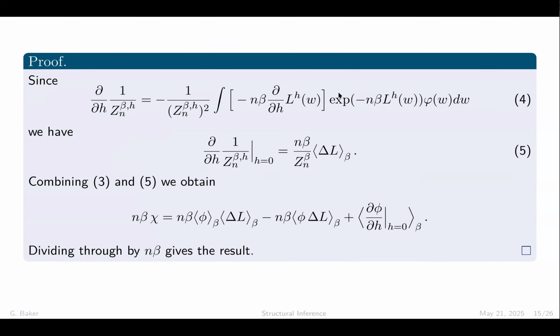So we basically end up taking the derivative of this x thing, and then all the inside goes out, and we take the derivative of LH of W, and then the minus n betas come out, and the expectation eats one of the Zn beta h squares, and then we have the n beta over Zn beta times the expectation of delta L. At h is 0, that's why we don't write the h's there.